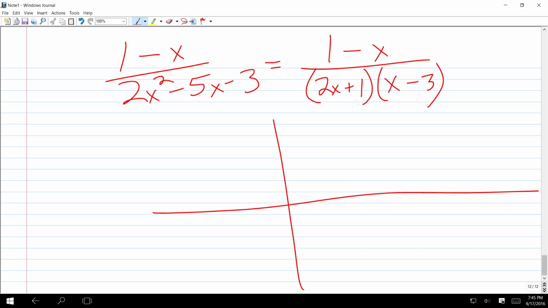Makes the denominator 0. Right. Would that be what makes x minus 3 zero? Well, that's 3. In other words, that makes that part of it 0. What makes 2x plus 1 0?